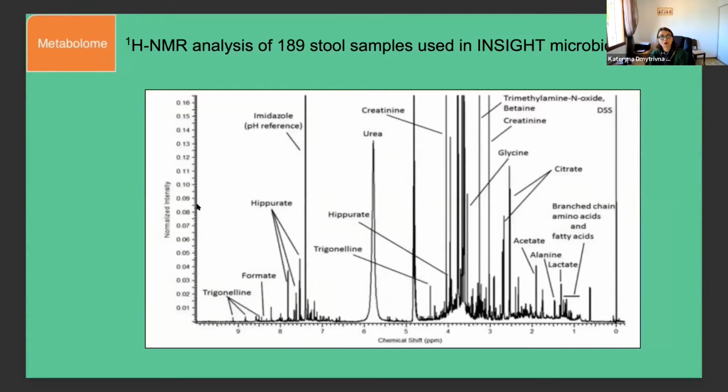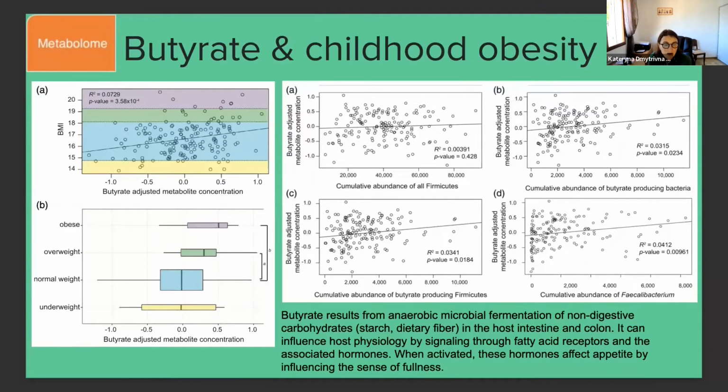So here we did the nuclear magnetic resonance analysis of 189 stool samples for the firstborn children that we recruited for the microbiome study. And we found one particular metabolite that correlates significantly with the BMI, with the growth index.